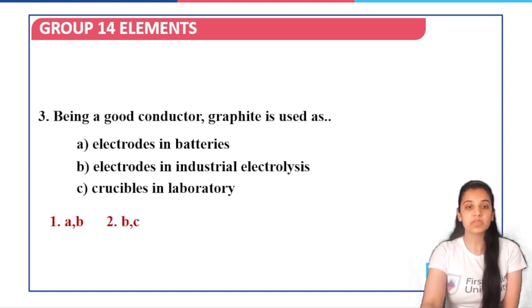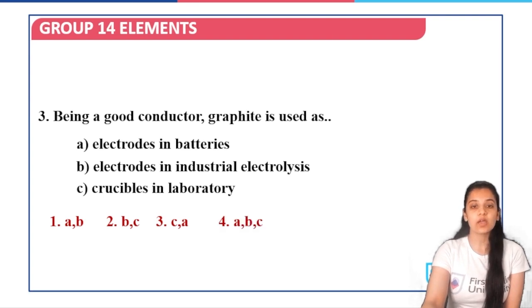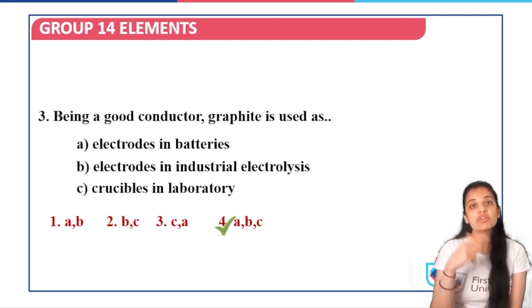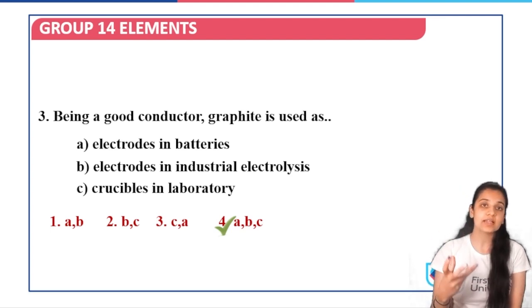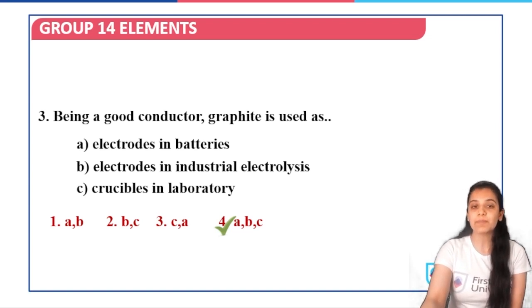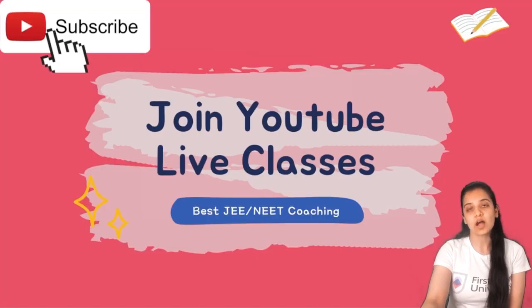A and B, B and C, A and C, or all the three A, B, C. So electrodes in batteries and electrodes in industrial electrolysis are the uses which come from the property of graphite that it is a good conductor. Also, the crucibles in laboratory, so that they do not react with acids and alkalis, and also they can be easily heated. Okay, so option 4, that is A, B, and C, all are the correct answers.